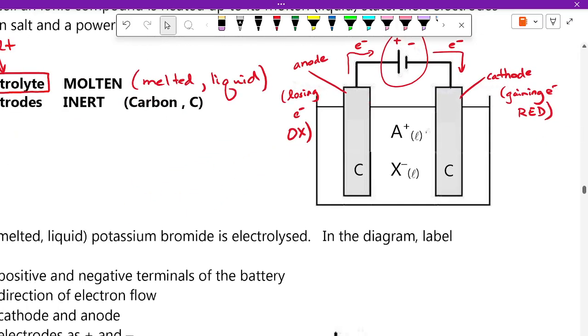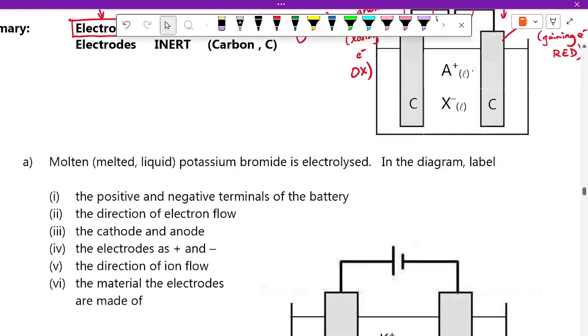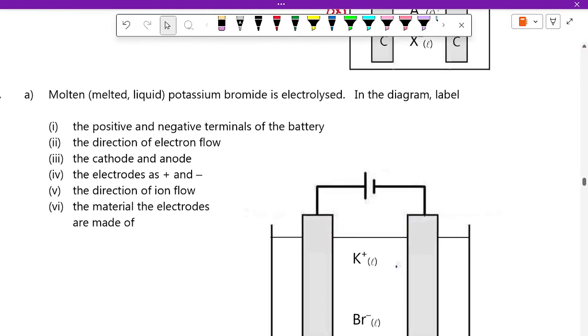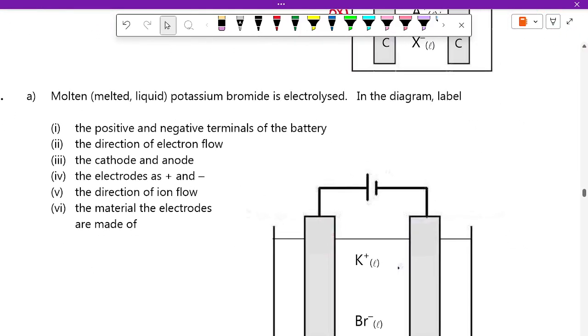All right, so here we have some molten potassium bromide that is being electrolyzed, and you're going to label the positive and negative terminals of the battery, the direction of electron flow, anode and cathode. We're going to cross out four, the direction of ion flow and the material that the electrodes are made of.